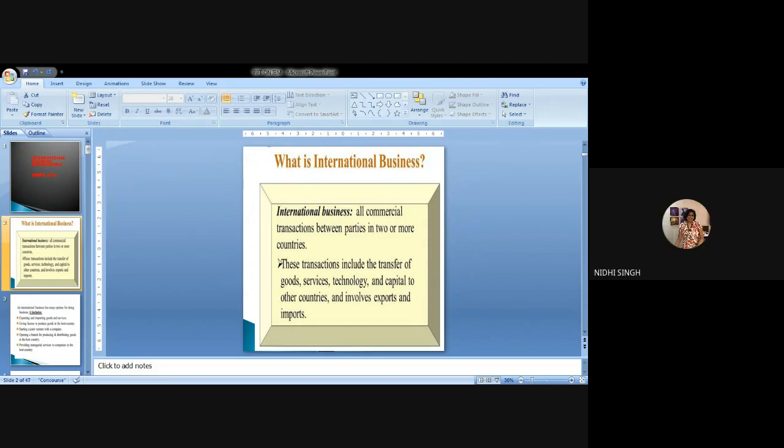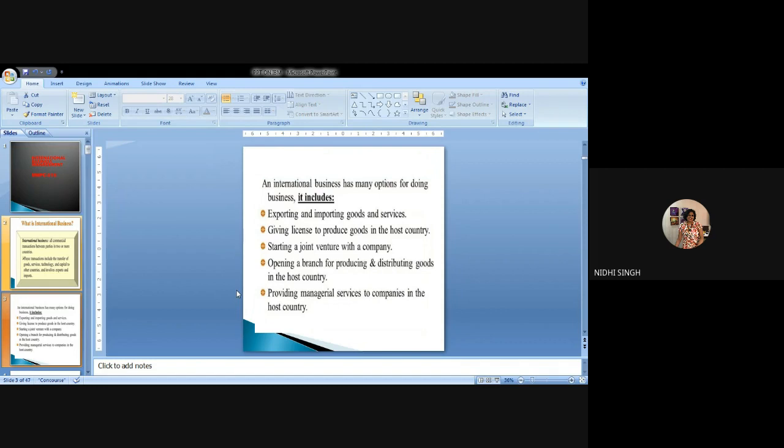Okay, so these transactions include the transfer of goods, services, technology, and capital to other countries and involve export and import. Now, why international business? It has many options.